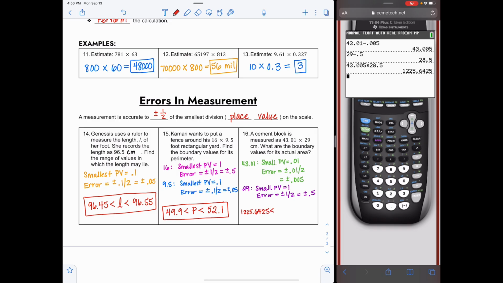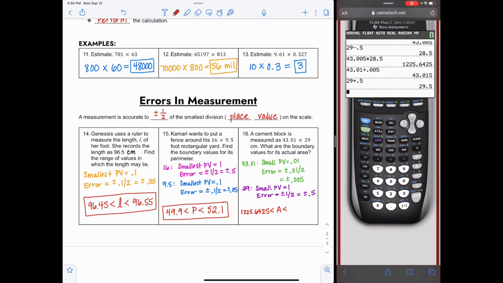That's my lower bound for my area. So I need to do the same thing for the upper bound. To find my upper bound of 43.01, I'm going to add 0.005 to it, and I get 43.015. And then to find my upper bound of my 29, I am going to add 0.5 to it, and I get 29.5.